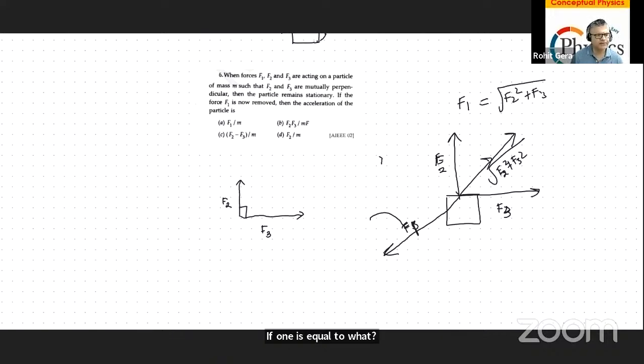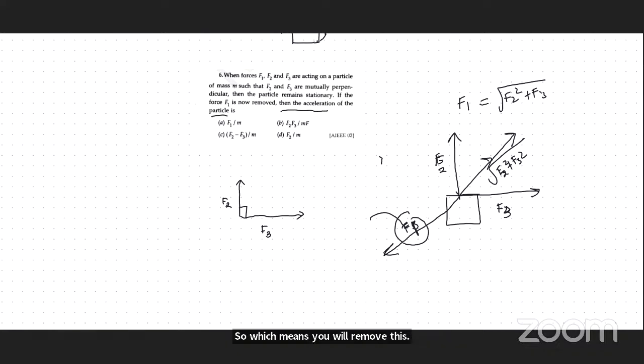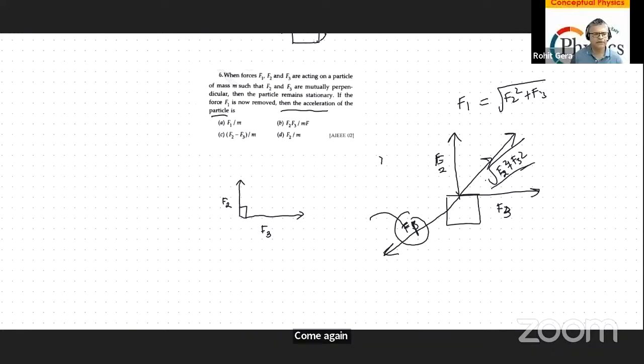That is one way to look at it. Now, what are you doing? You're removing the force F1. You have to calculate the acceleration of the particle. So which means you will remove this. So खाली मेरे पास यही बचा है. F2 and F3 are mutually perpendicular.